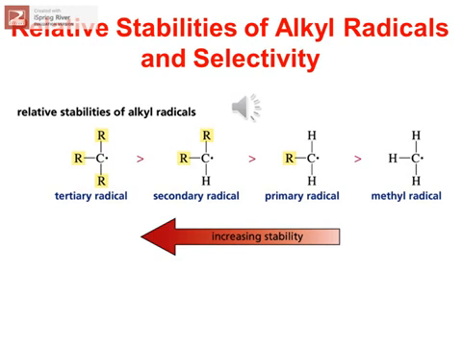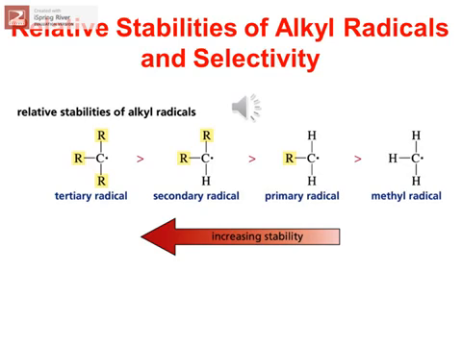If we talk about the relative stability of primary, secondary and tertiary alkyl radicals, then always remember that, just like the carbocations, the tertiary radical is more stable than the secondary radical, and the secondary radical is more stable than the primary radical, in which the carbon bearing the unpaired electron is directly attached to one alkyl group, whereas the least stable is the methyl radical.